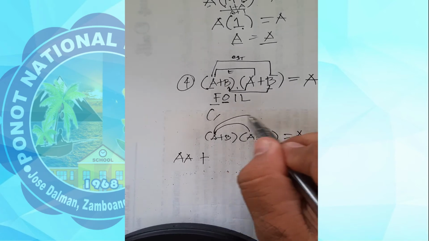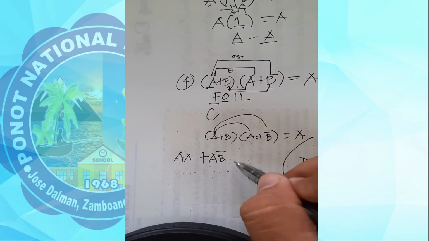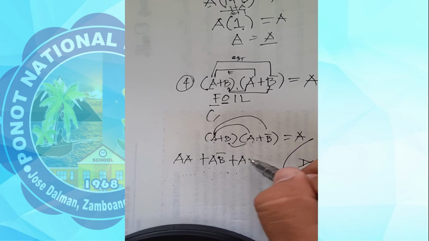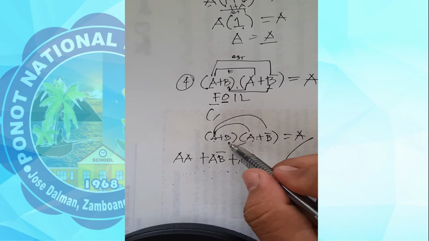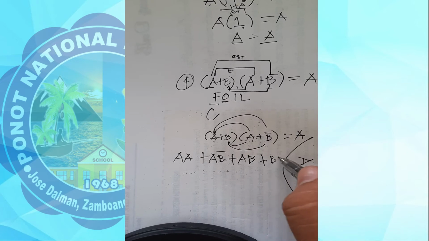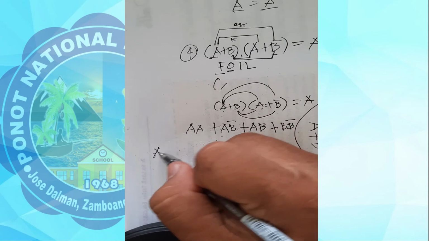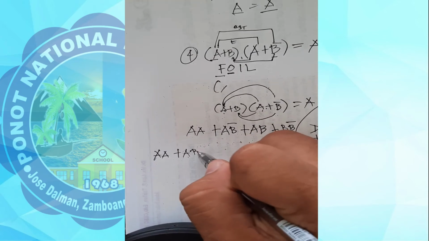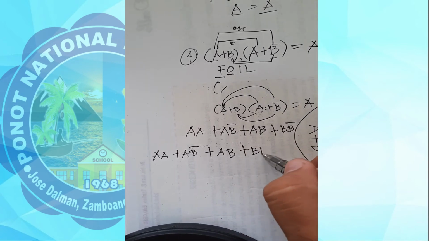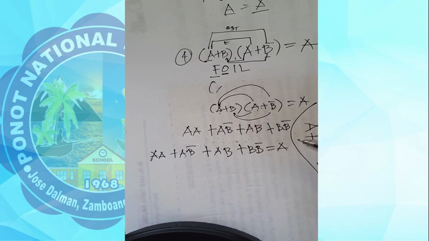Plus last, A times B bar, that gives us AB bar, plus the inner, B times A, that gives us AB. And the last one is the last terms, B times B bar. Let us rewrite this one: AA plus AB bar plus AB plus B B bar. So, let us prove that this is equal to A.